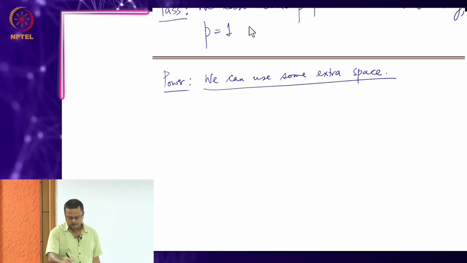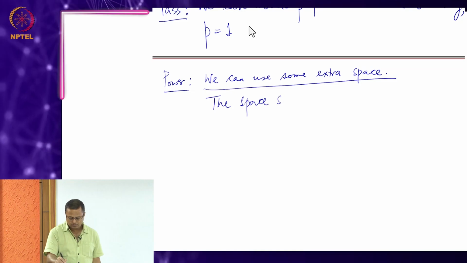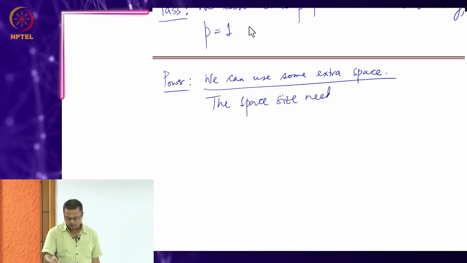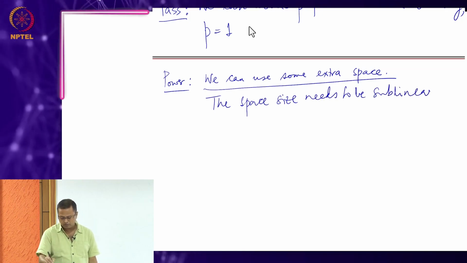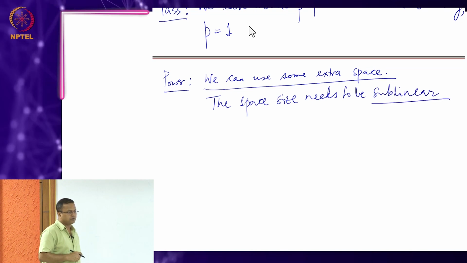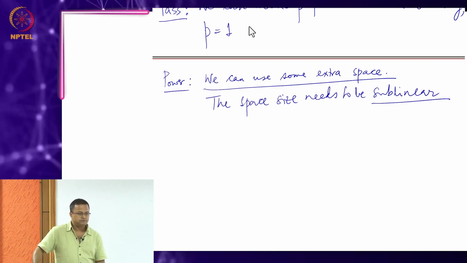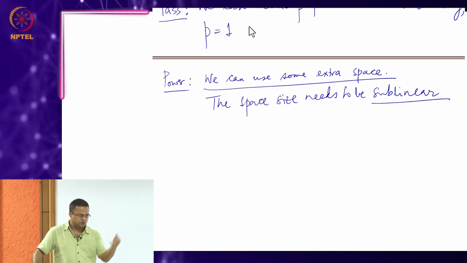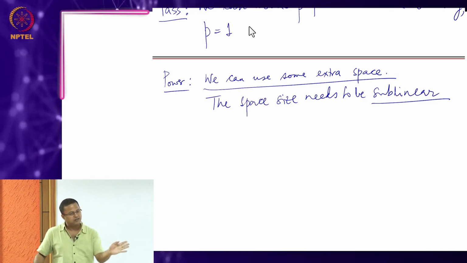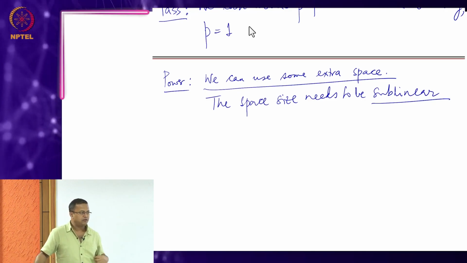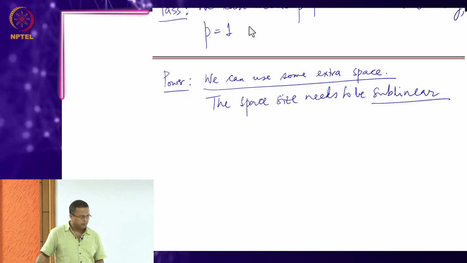And obviously, sublinear, because if I allow you linear space, you will store the entire data. If the router is allowed linear space, it will store everything and then it can compute anything. So, the holy grail is sublinear space.